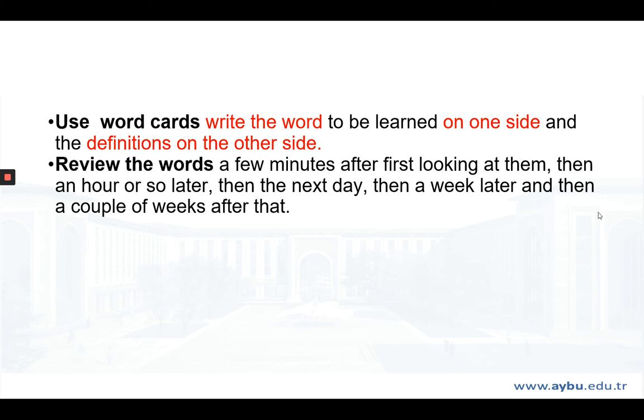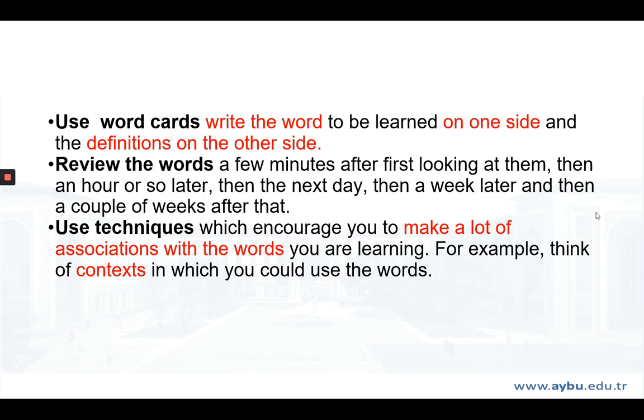Review the words every day, every week, every month, and use techniques to contextualize the word, make a lot of associations with the words. For example, let's think of the word analysis again. What do we say? Analysis of the data, analysis of the test results, analysis of the experiment.